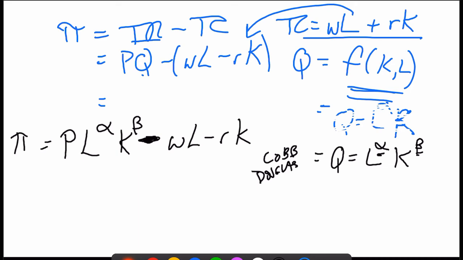Now I can maximize that, right? I can find two partials: the partial of my profit with respect to labor and the partial of profit with respect to capital. Now I'm looking at what effect changing the amount of labor has on my profits, and what effect the amount of capital has on my profits.